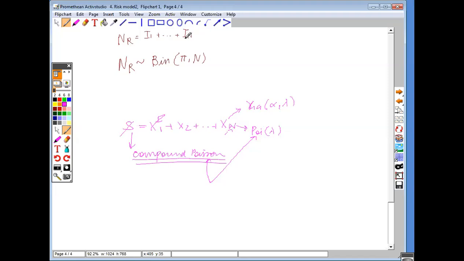But what happens here? Is my I continuous or is it discrete? Anyone? Discrete, right? And what is my n? N is still Poisson with the parameter lambda, right? So again, it is still discrete, right?